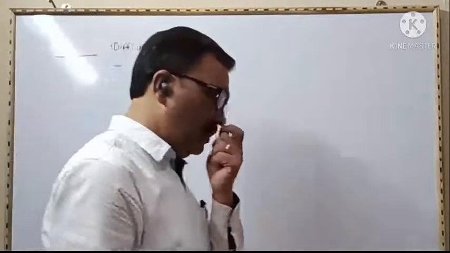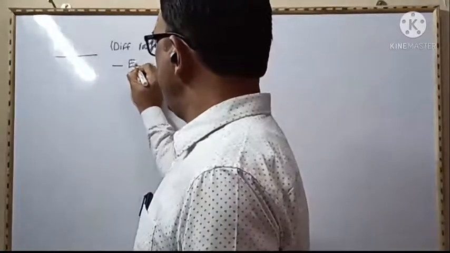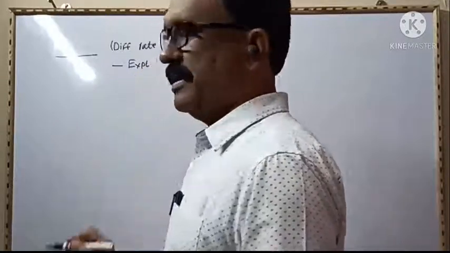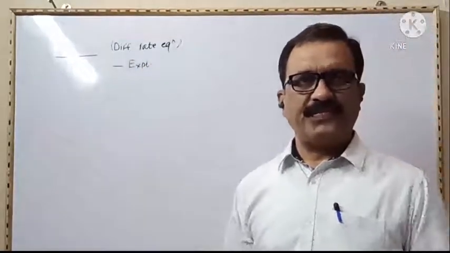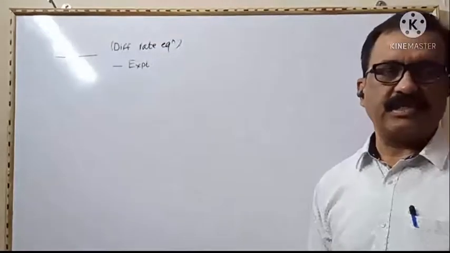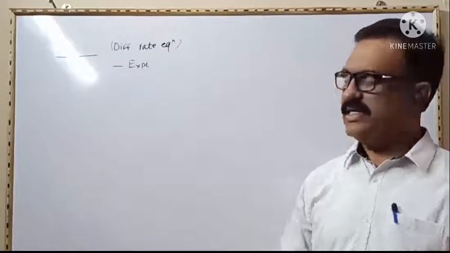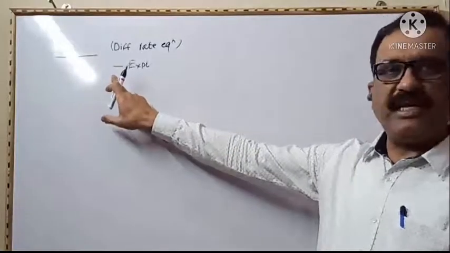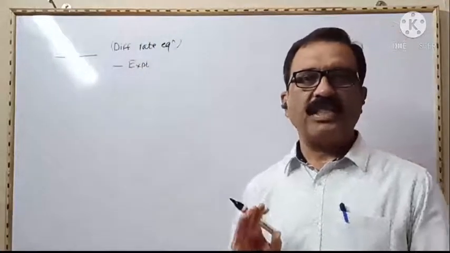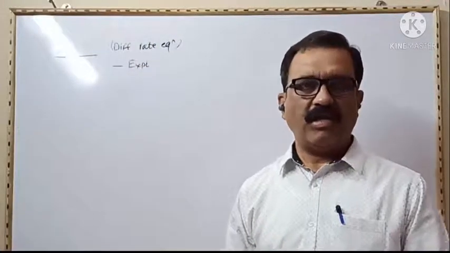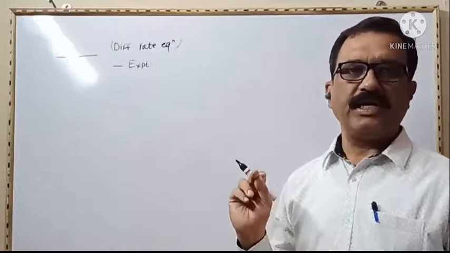This rate law is a purely experimentally determined quantity. A rate law is derived from experimental observation carried out on a given chemical reaction. Hence, it is an experimentally determined quantity and not a theoretical quantity or the values obtained from a stoichiometric equation.